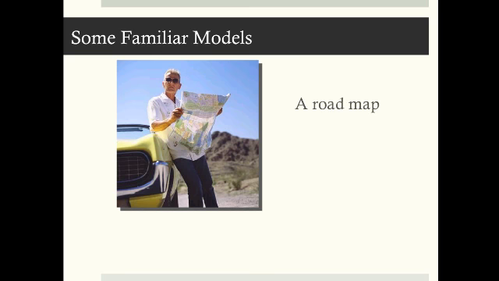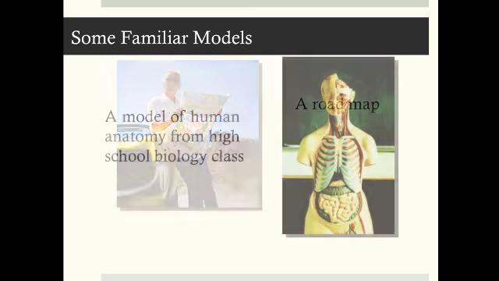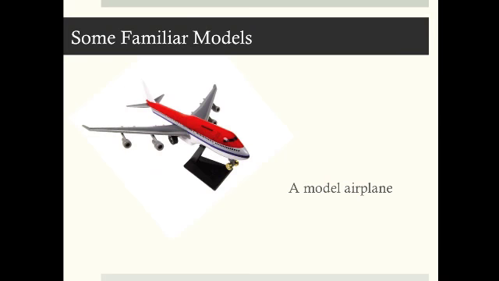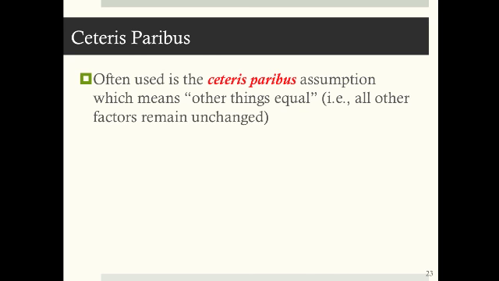And you're familiar with models. A roadmap is a model. A model of human anatomy from high school biology class, and a model airplane. Often, we use the assumption of ceteris paribus, which just means other things equal.